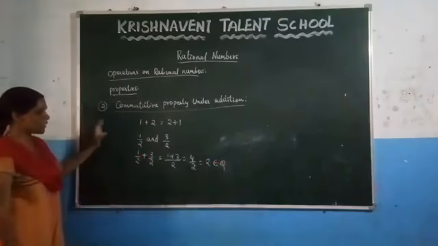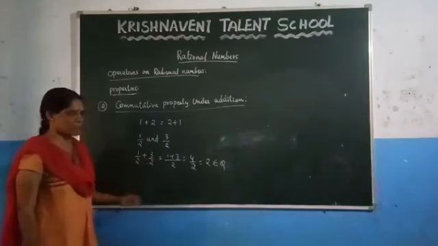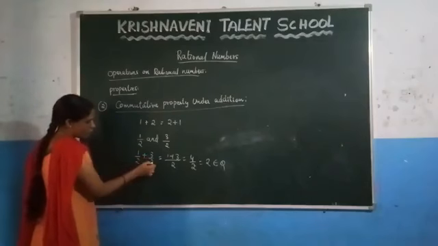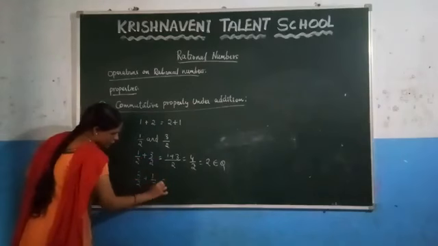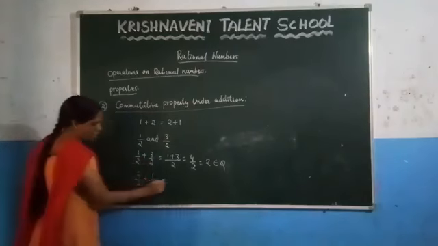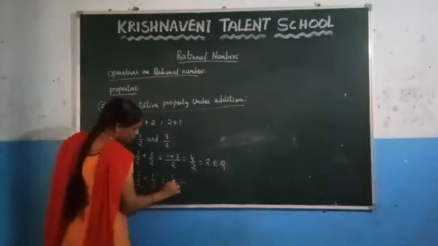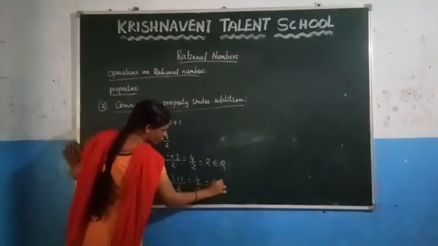Now the commutative property says, if you change the order you have to get the same result. Now add 3 by 2 plus 1 by 2. We are just changing the order. After changing the order, what is the result we are getting? Yes, 3 plus 1 which is 4 by 2, which is equal to 2.